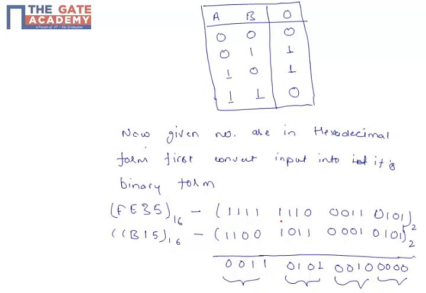For E it's 1 1 1 0. For 3 it is 0 0 1 1, and for 5 it is 0 1 0 1. Similarly we have converted the other hexadecimal number into its binary form, and it is 1 1 0 0 1 0 1 1 0 0 0 1 0 1 0 1.